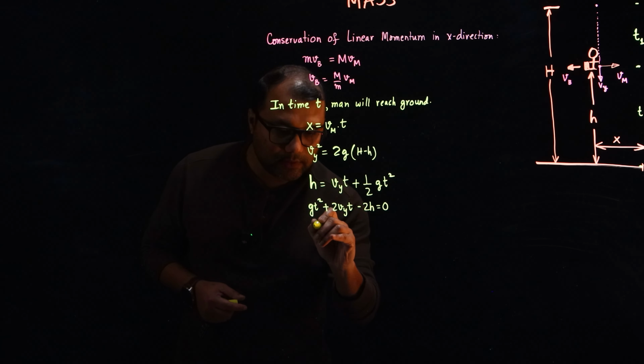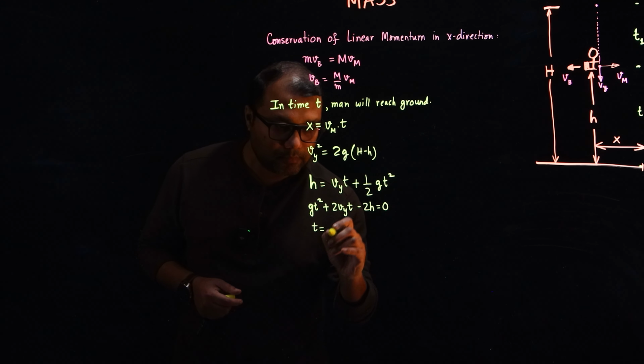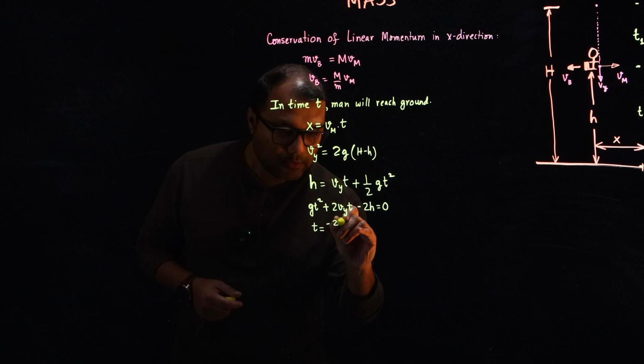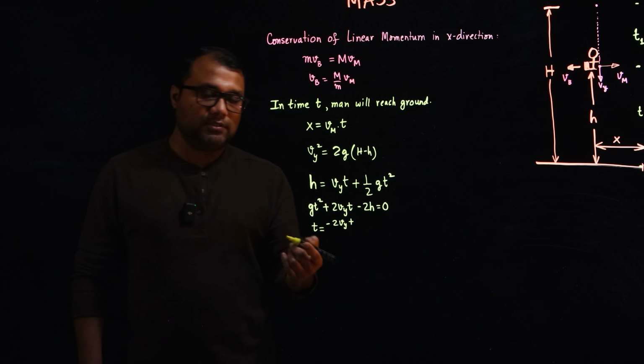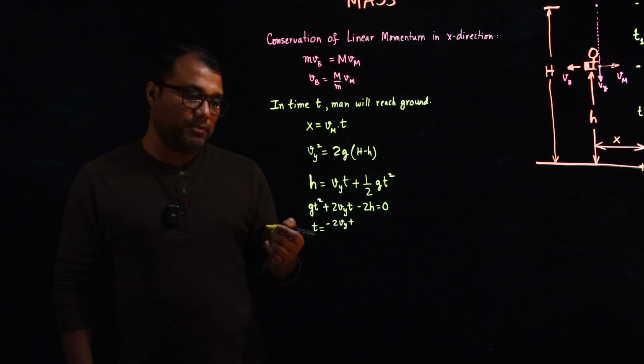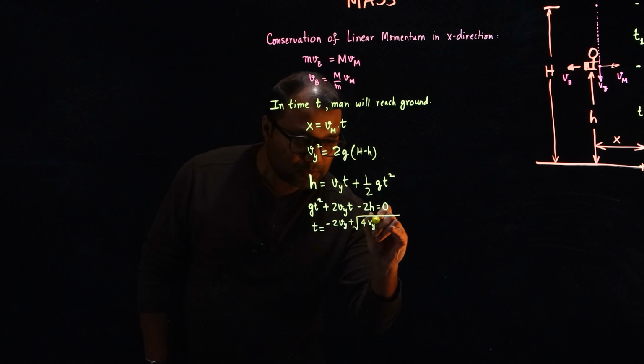From here we get the value of t as minus 2Vy plus minus root over 4Vy square plus 8hg, divided by 2g. I am discarding the minus because a negative value of t doesn't make any sense.